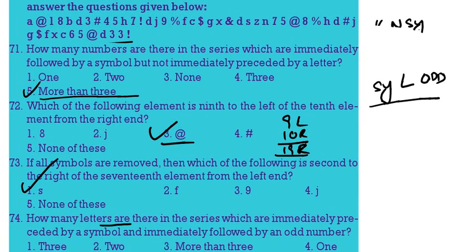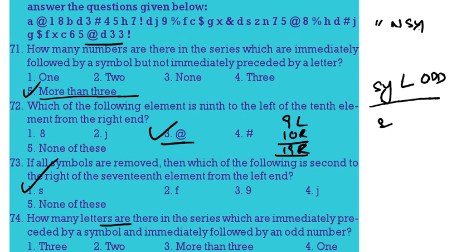We are getting it in only one case, that is at for D3. At for is a symbol followed by D followed by 3, that is the odd number. So only one. That means option 4 is the correct answer.